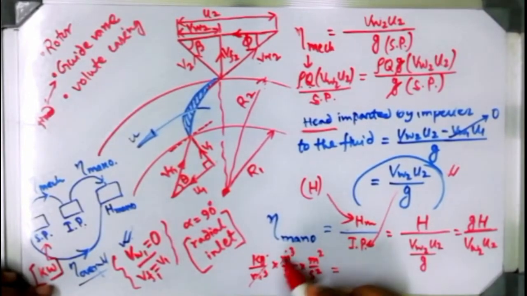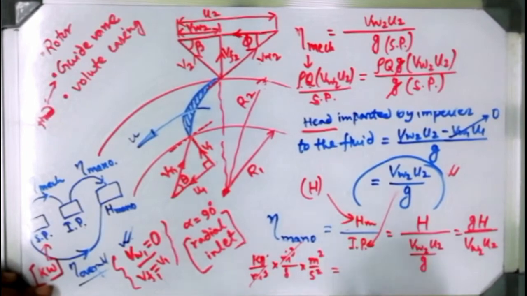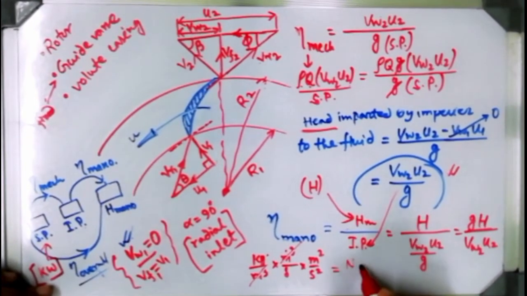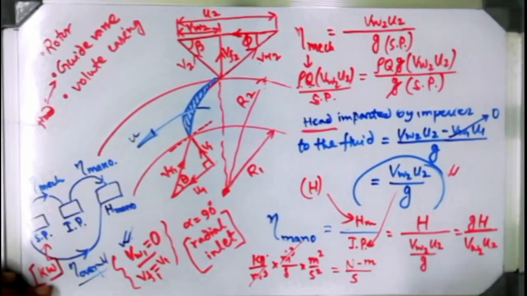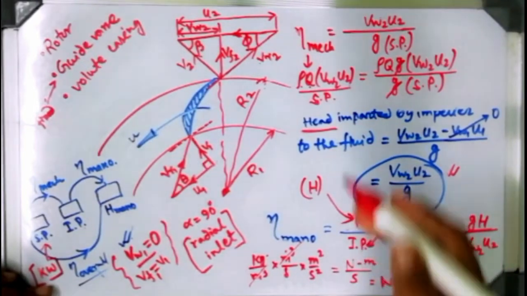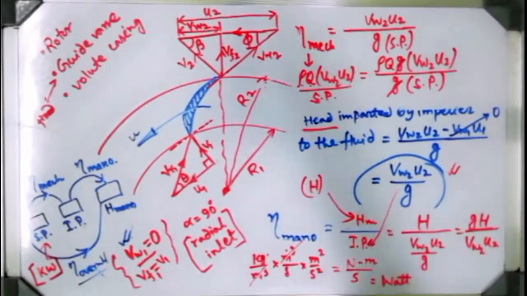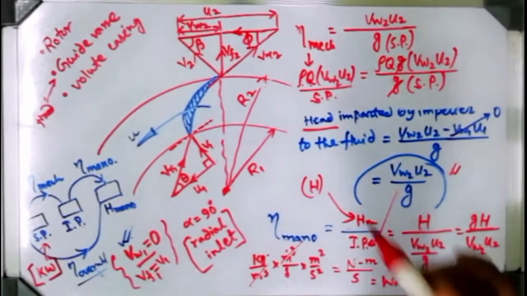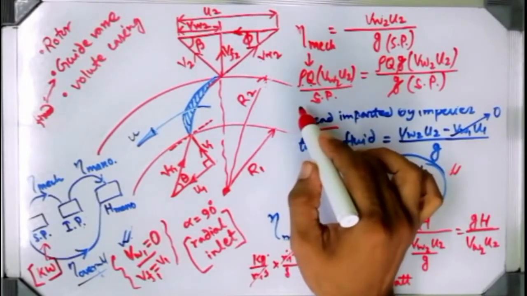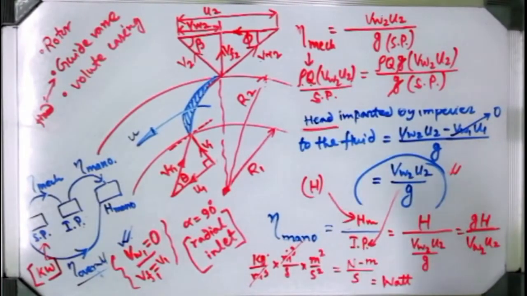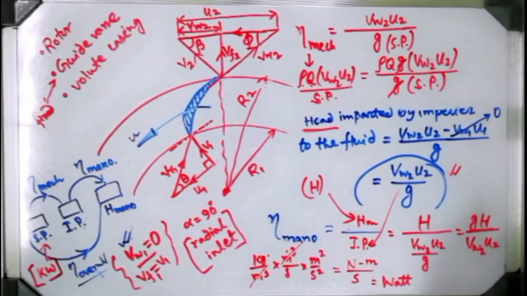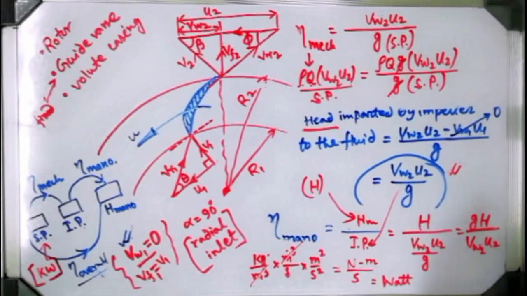See, this meter cube cancels, so kg meter per second square gives you Newton. 1 meter will be left over there, 1 second will be left at the bottom. So Newton meter per second, that is nothing but joule per second, so it will give you the unit of watt. Now if you want to get kilowatt, then divide by 1000, otherwise no 1000 will be there. You can convert kilowatt to watt, or watt to kilowatt, whatever it may be. Understood or not?